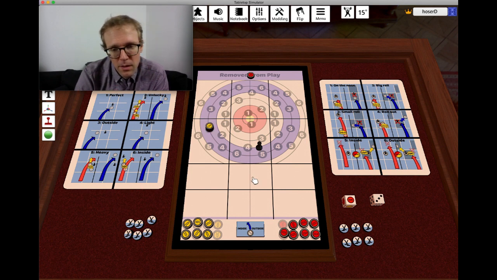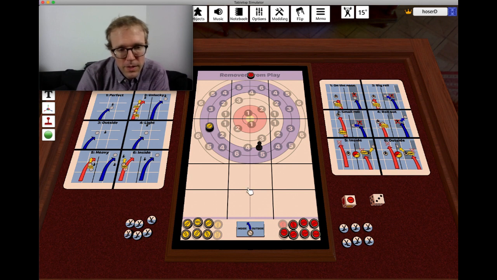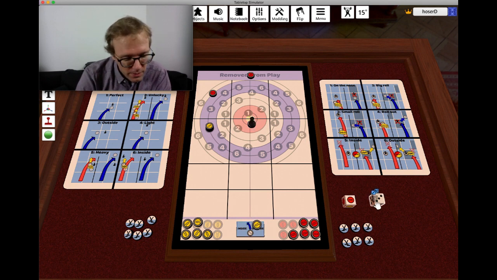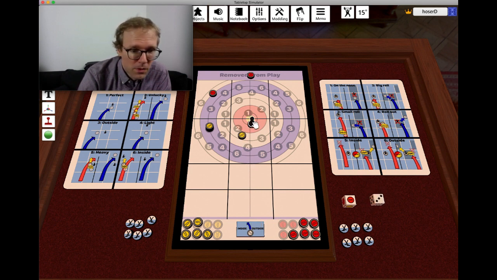So freezes can happen even off the roll of a hit, and you can end up with really unusual outcomes. Like, let's say we already had a frozen stone over there. The same thing happens. So yellow, let's say yellow gets a nice roll, knocks the stone out of play, rolls over to here, and gets the freeze.